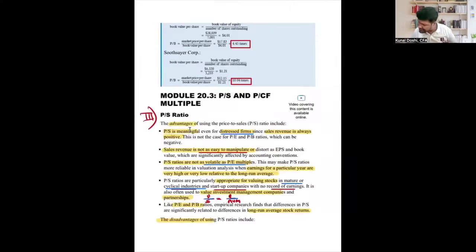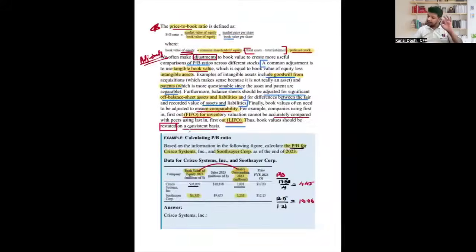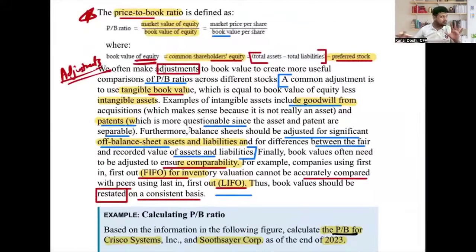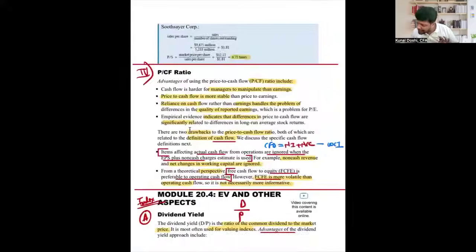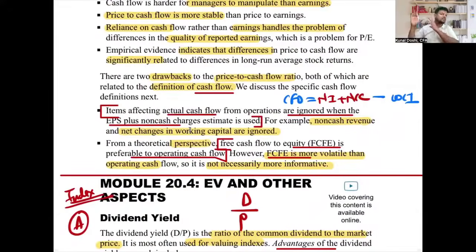Price to book value ratio, we already discussed different components. Price to sales ratio, we discussed, right? Remember one thing, there might be some adjustments in book value, which we already discussed. But when it comes to price to cash flow ratios, there are varieties of cash flows that we are going to see. But also remember that these cash flows are the least subject to manipulation. Amongst all other manipulations, cash flow manipulation is the most difficult of all.